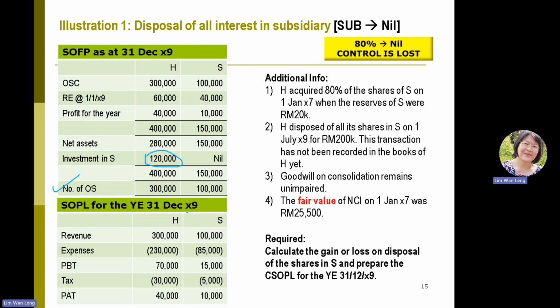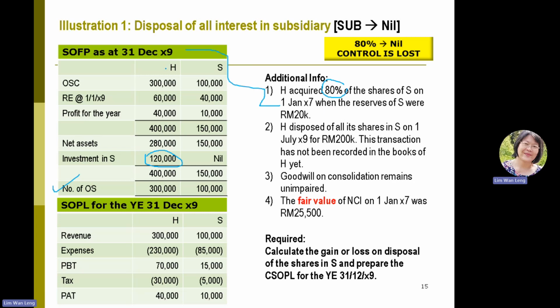So, SOPL for the year ended 31st December X9. So you have all these: revenue, expenses, PBT, tax, PAT. Additional information: they tell you H acquired 80% of the shares in S on the first day of January X7. So you know X7, X8, X9.